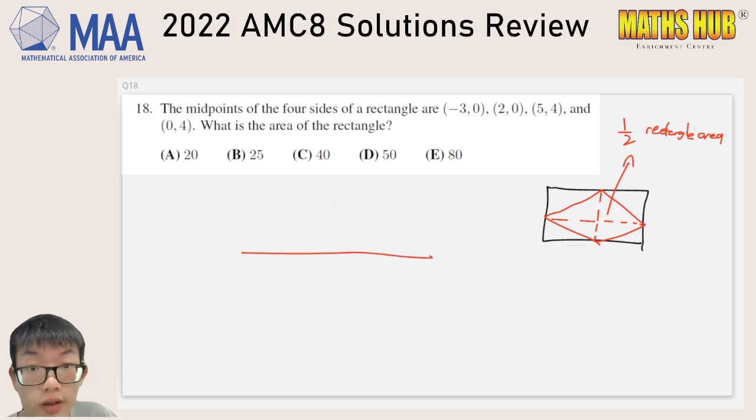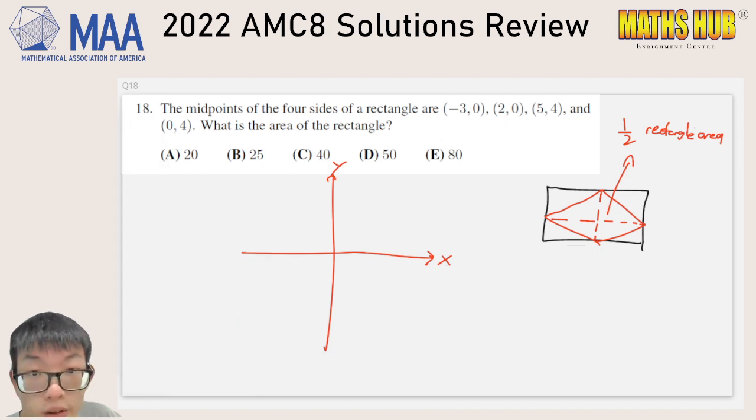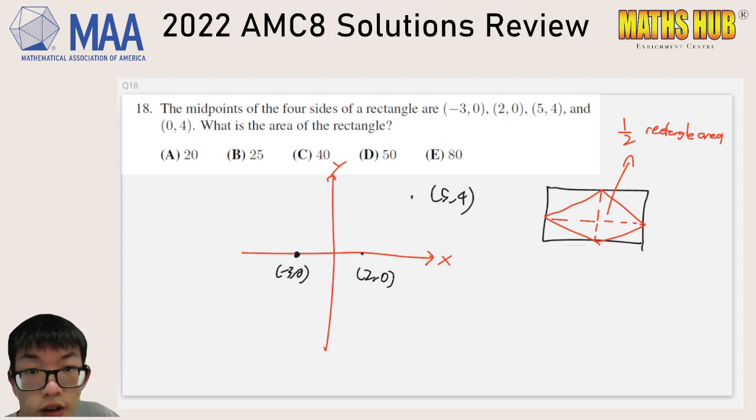So let me now put in my coordinate axis, x and y, and put in my points. My points are (-3, 0), (2, 0), (5, 4), and (0, 4).